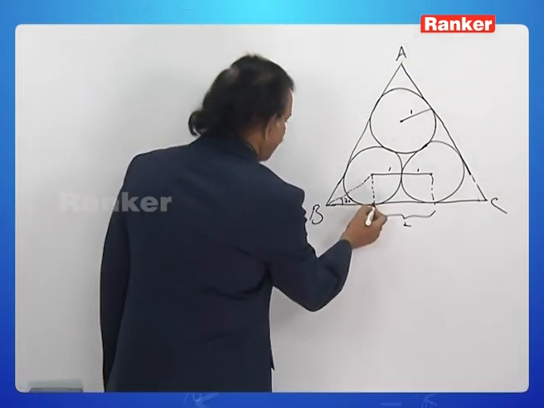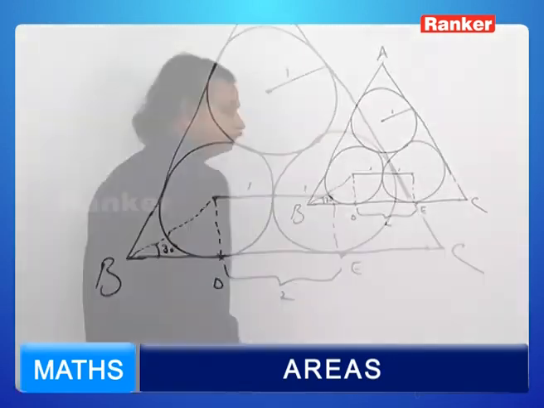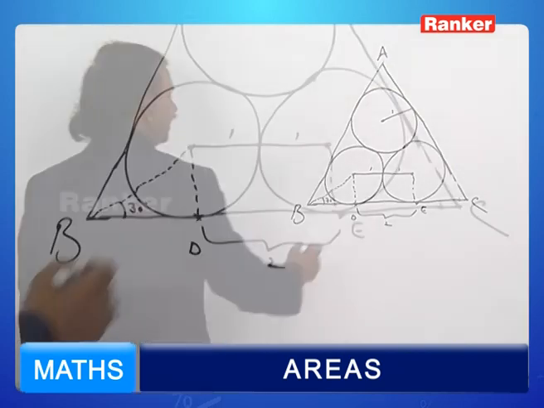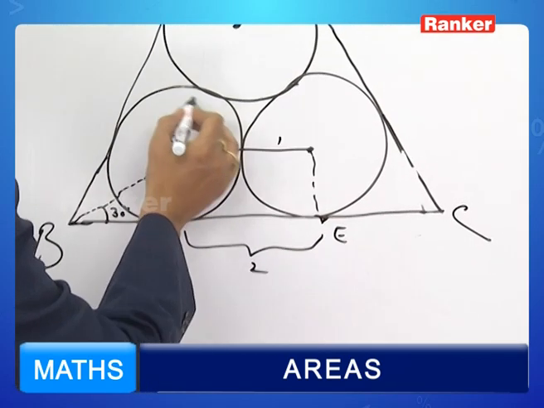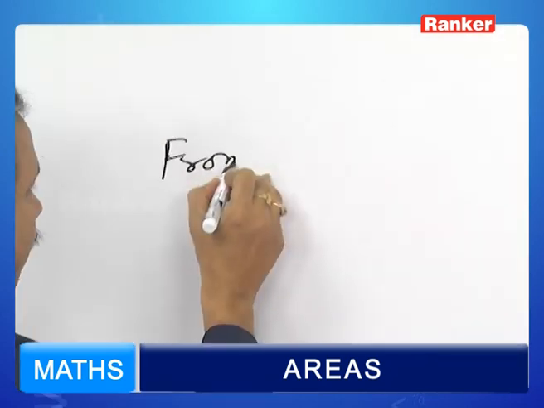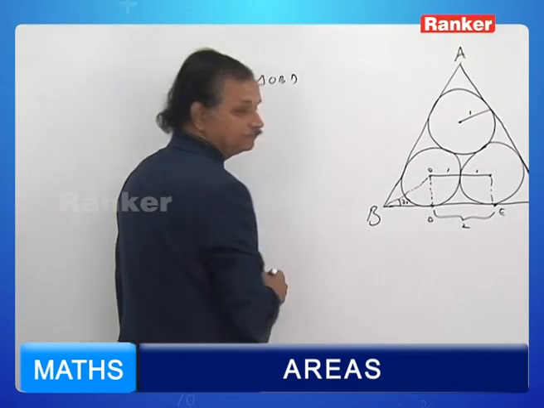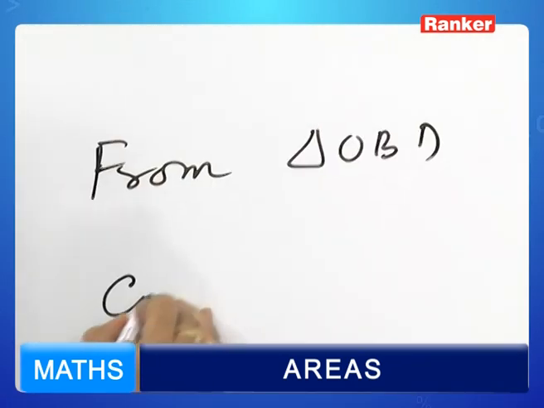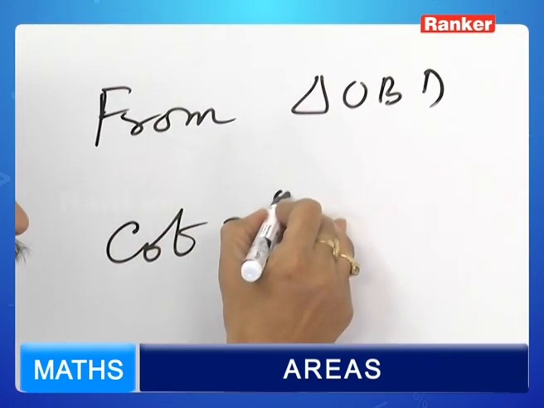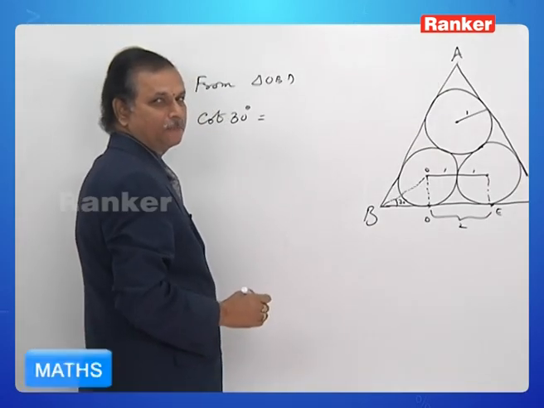Let this be the point D, let this be the point E, and let this be the center of this circle O. From triangle OBD, what is cot 30?